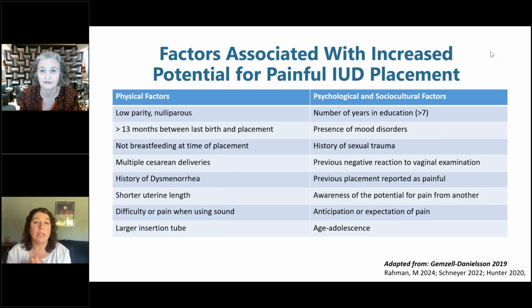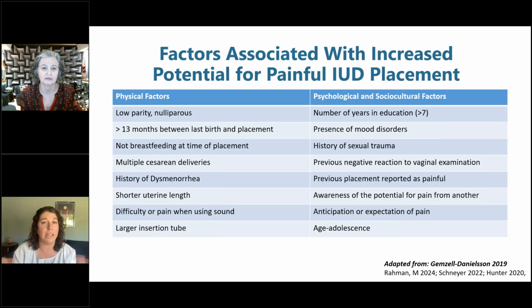So we know that there are some factors that are associated with the potential increase for pain with IUD placements. And those are both physical factors, and psychological and sociological factors. So folks who have never been pregnant before or have fewer pregnancies, if it's been more than a year since they've had a birth, if they're not breastfeeding, if they've had multiple cesarean sections, if they have a history of dysmenorrhea, right?